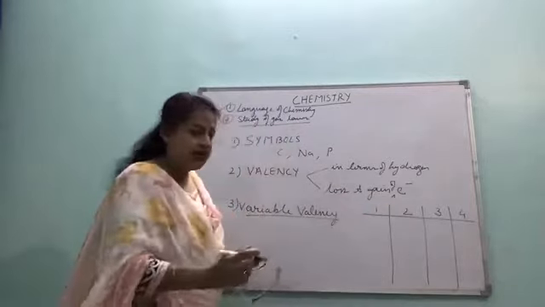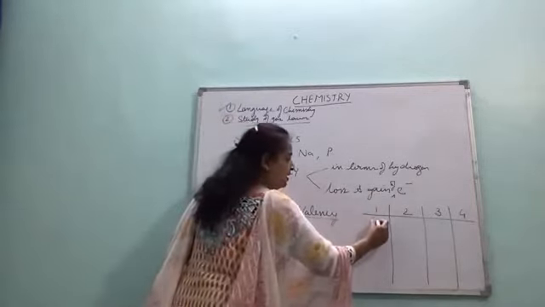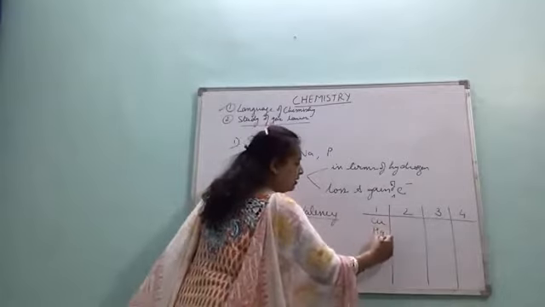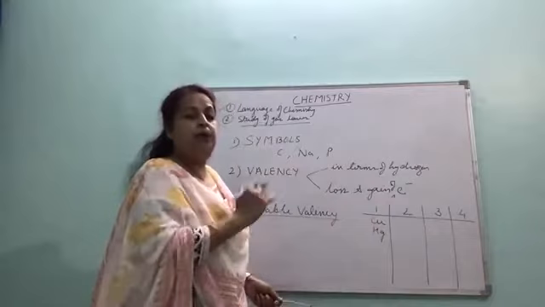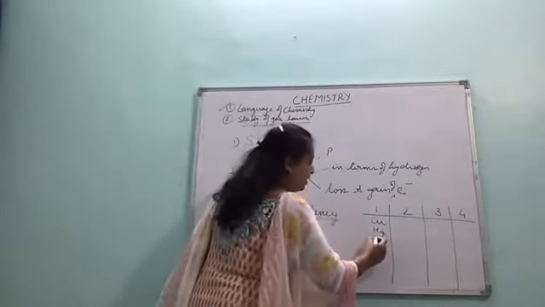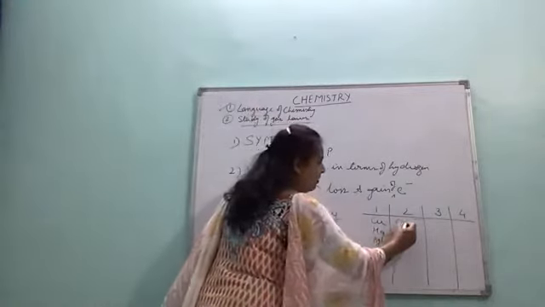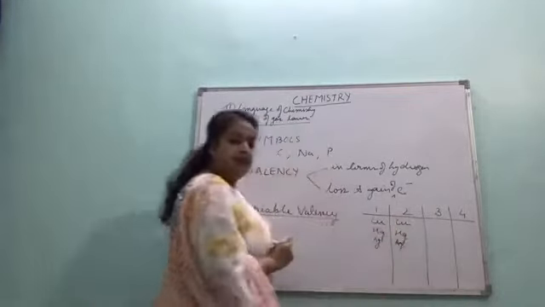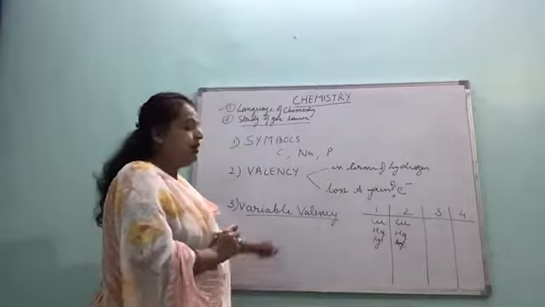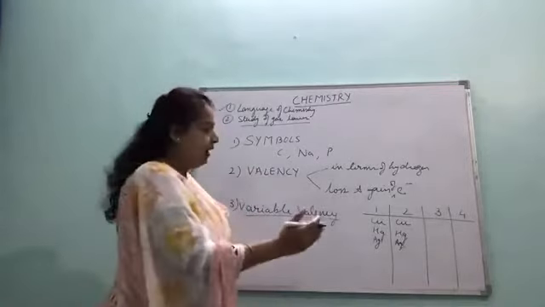So very easy to learn. Copper, mercury, silver. Just remember it as a rhyme. Copper, mercury, silver, they show valency 1 and 2. Right? 3 metals. They show variable valency 1 and 2.